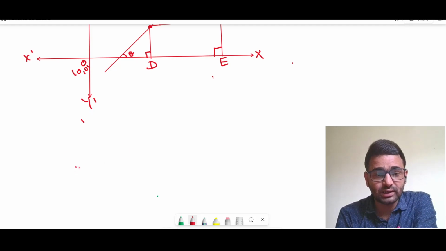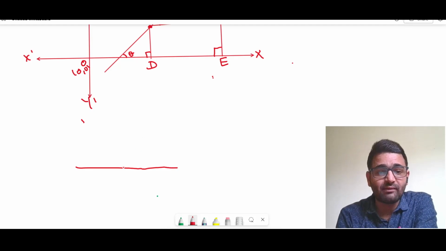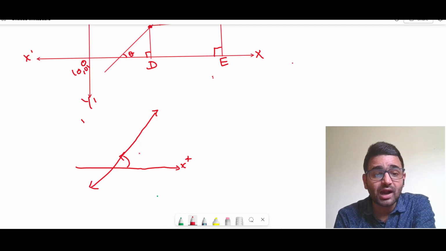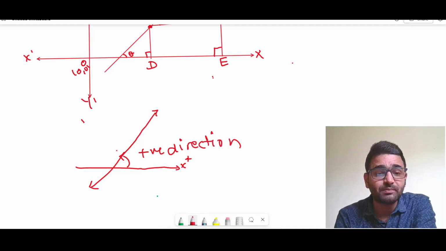See, if this is our x-axis and this is a line, then this part is the positive direction of the x-axis, not the positive coordinates. I am talking about direction. Whatever the line will be, this part will be the positive direction and this part will be the negative direction.